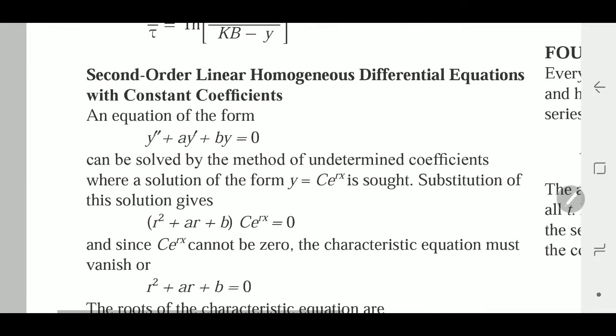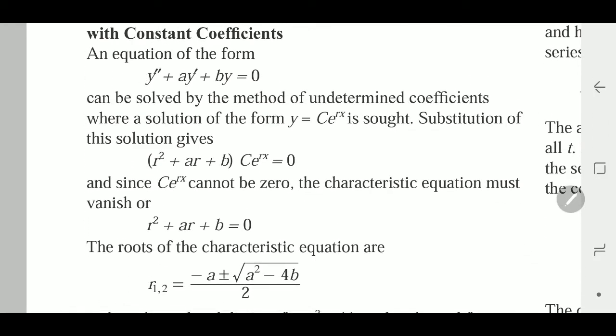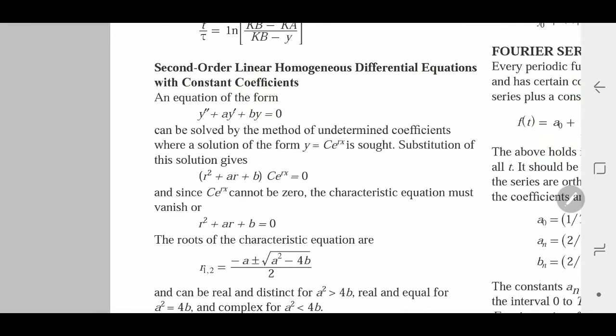I'm not going to go into a lot of detail about differential equations, because the FE exam is not testing you on the detailed stuff. It's only general stuff, but you have to do it quickly.